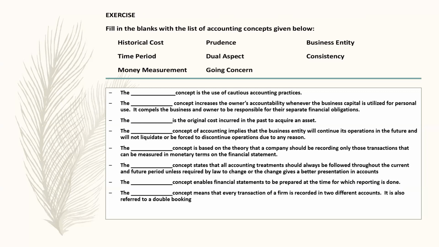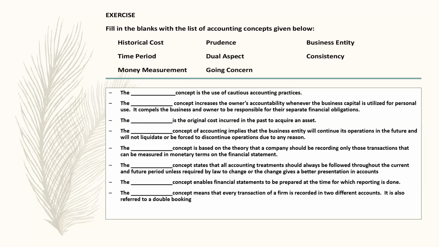All right. The third one is the historical cost concept. Where items ought to be recorded at their original cost. And we said that is because if you have to dispose of that item, you would be able to know whether you made a gain or a loss. So the third answer is historical cost.